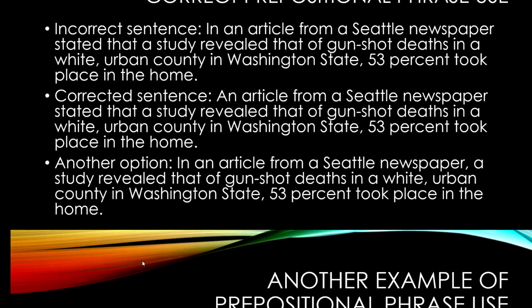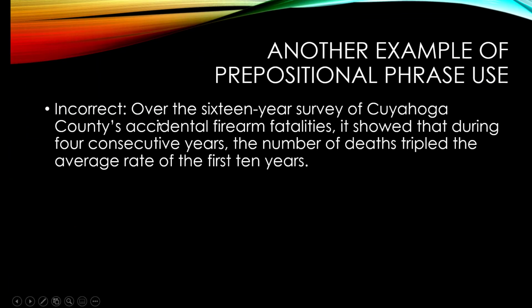Let's look at another example. Over the 16-year survey of Cuyahoga County's accidental firearm fatalities, it showed that during 4 consecutive years, the number of deaths tripled the average rate of the first 10 years. The problem here is, what is it referring to? Over the 16-year survey, it showed.